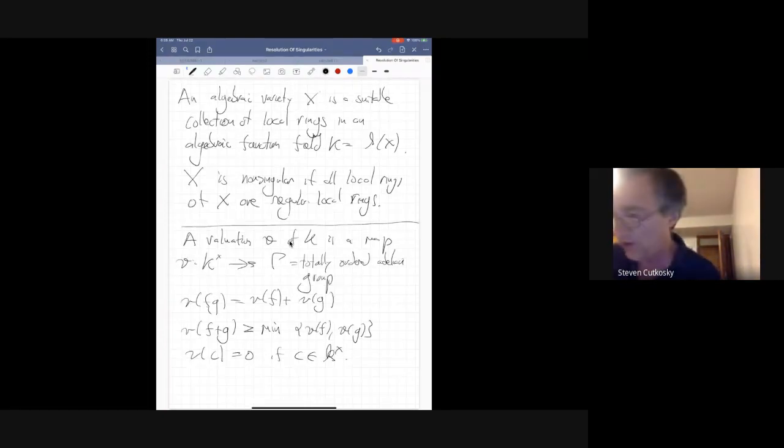Of course this third condition isn't part of the definition of valuation, but to be a valuation of an algebraic function field, you want this condition.